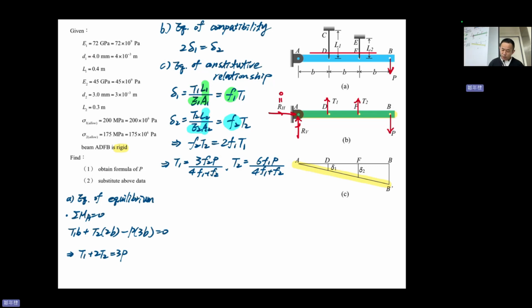All right, so we are ready. T1 and T2 can be obtained by the constitutive relationship. Sigma 1 equal to T1 divided by A1, so 3P F2 divided by A1 times 4F1 plus F2.